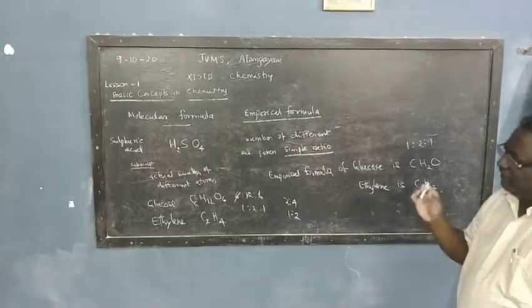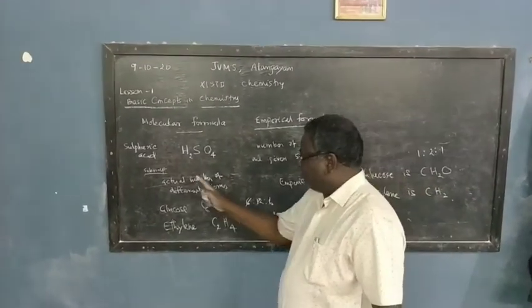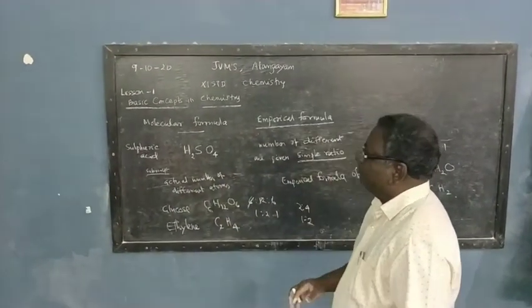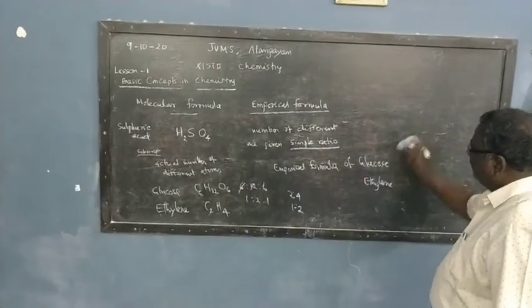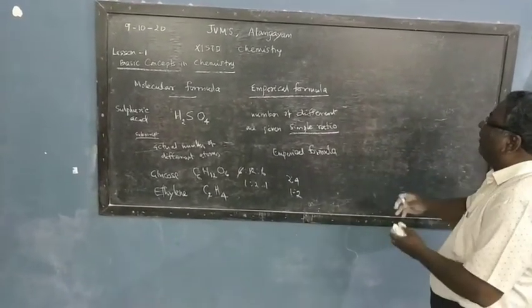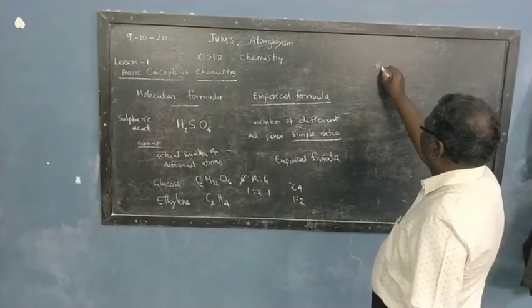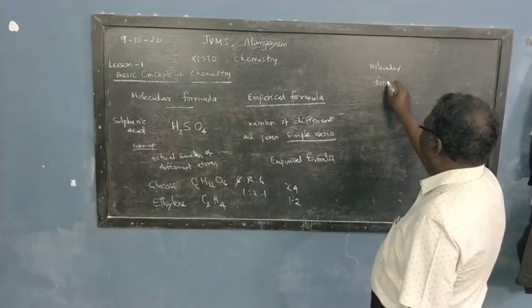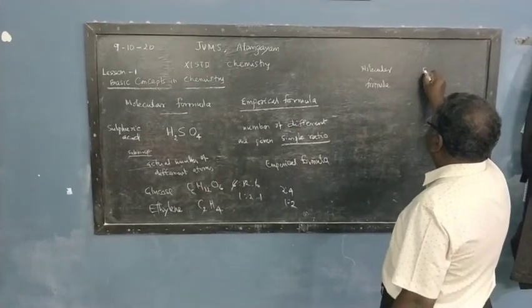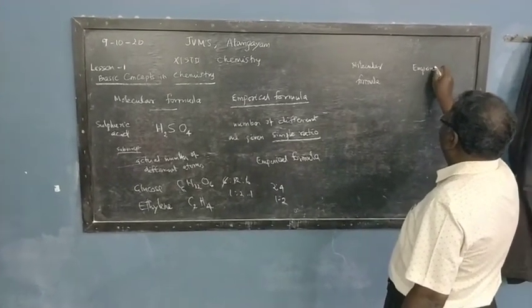And when you represent the actual number of different atoms as a subscript in the formula, then it is called the molecular formula. So for every molecular formula there is an empirical formula.